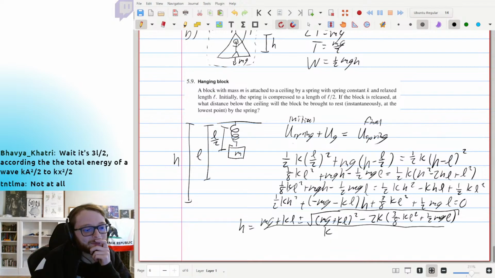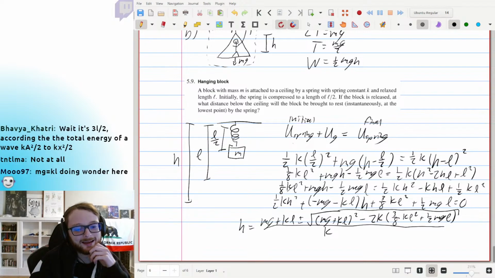I mean, it sounds like we are expecting 3L over 2 somewhere as an answer here, but I don't want to use anything involving waves. We're not supposed to do that. Yeah, that's what I'm thinking about next. No, yeah, it will help. You're right. Okay. Let's do that move.